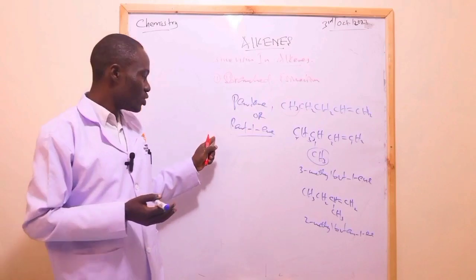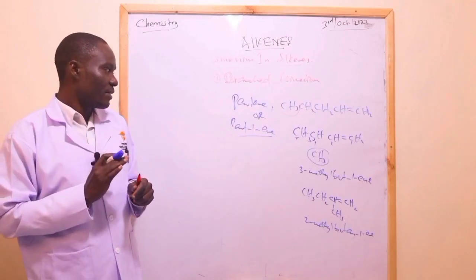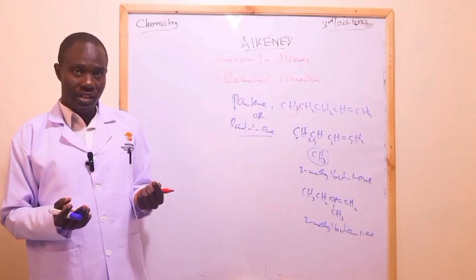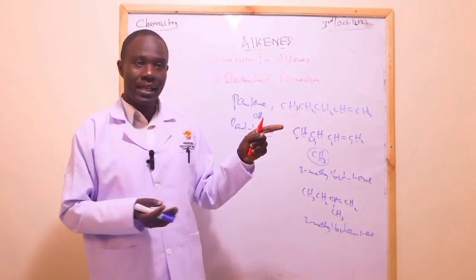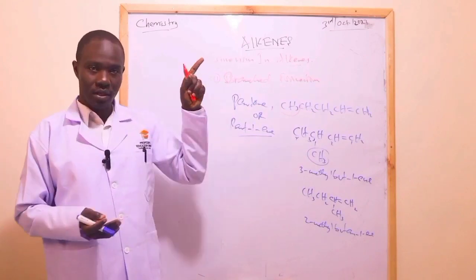But in exam cases, you'll be asked to write the possible isomers that a given compound can form. So that is normally very open. So it doesn't matter whether you are writing a branched isomer or a positional isomer.